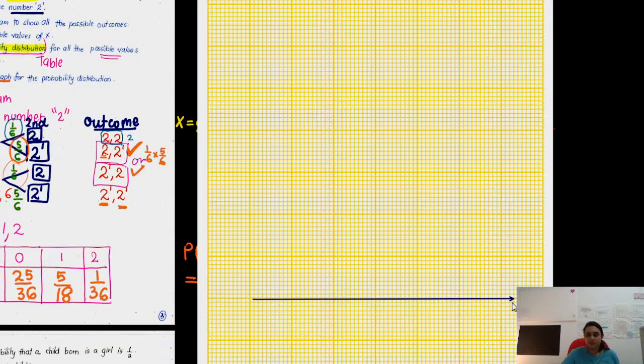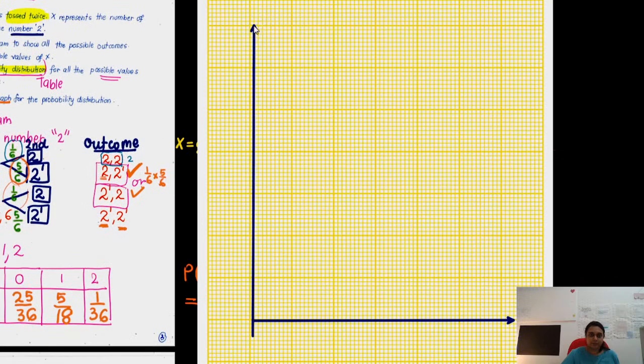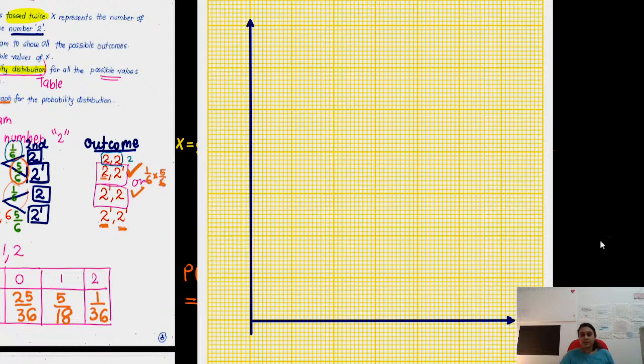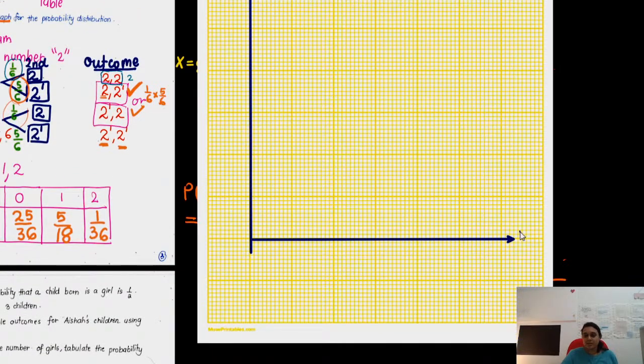Draw the x-axis, and we draw the y-axis, x and y. Done. Let me just make it straight. Next, at the bottom here, you just copy x equals r.